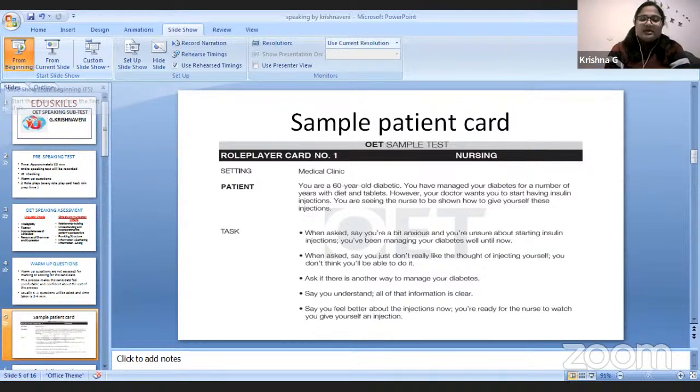You might not cover all the information, but if you think you have finished the role play card, like instead of 5 tasks, if you finished only 4 tasks and 1 task you didn't discuss, don't worry. Directly jump to the summary, because reiterating or summarizing the content will give you additional marks as well.